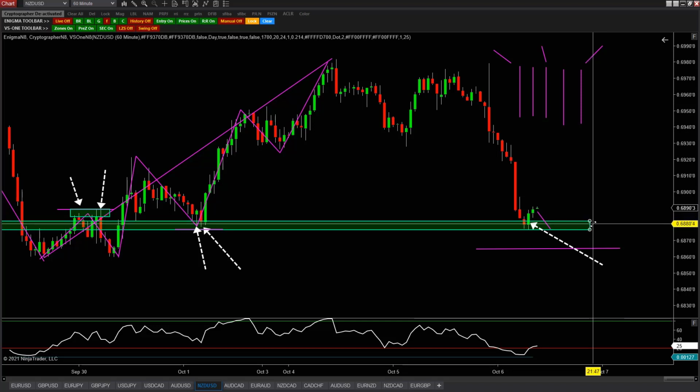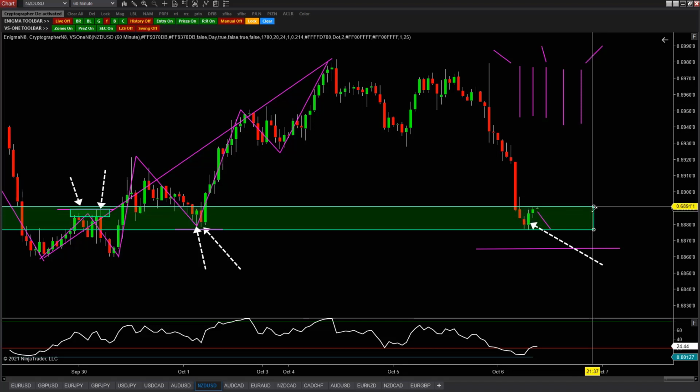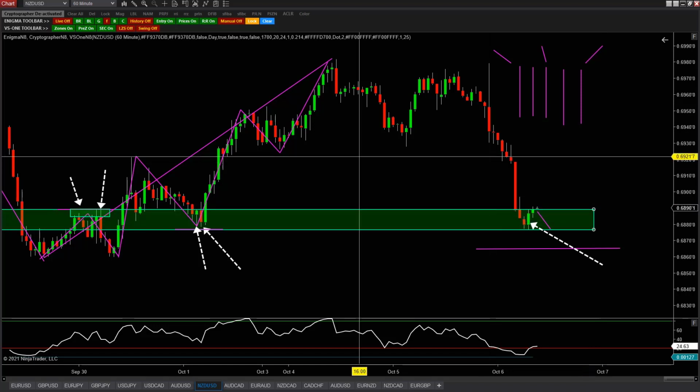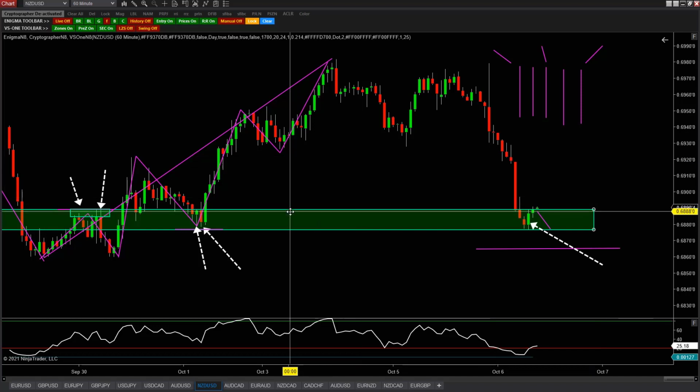If you had to choose one, you default to the outside level of structure. Honestly, just draw the zone like this. That's what really matters. But that comes with experience, as you shift more from the science of trading to the art of trading. You can just draw those bad boys in.